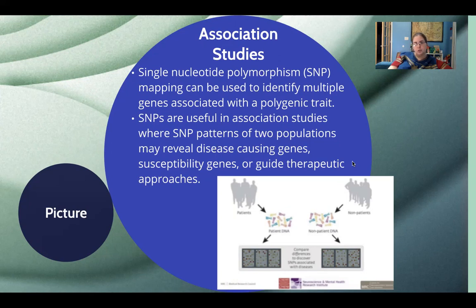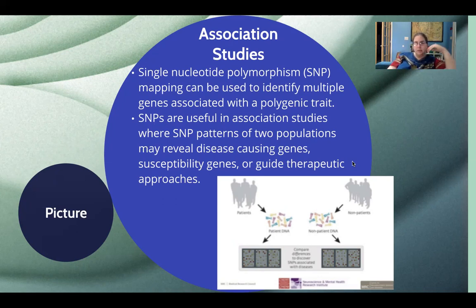So SNPs are useful in association studies. These are also known as genome-wide association studies, because SNP patterns of two populations may reveal disease-causing genes, susceptibility genes, or guide therapeutic approaches, meaning we can look at different populations. We have noticed that certain diseases or disorders might be more prevalent in one population versus another.